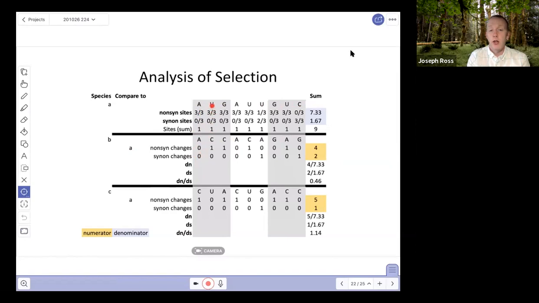Here we have a U in A and a C in B. And if you go look at the codon table, you'll see that that changes the amino acid, as we already looked at. AUG is the only codon for methionine, so mutation at that position would certainly be a non-synonymous change. And then here, there's also been a mutation from G to C. That also changes.